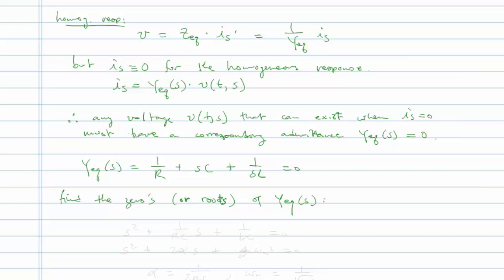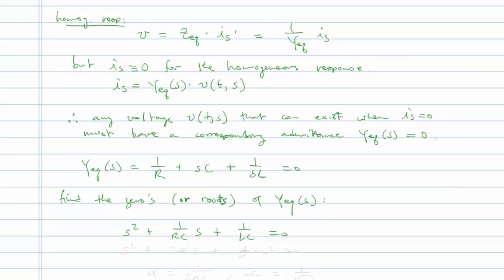All right, so we can massage this and put it into a form that we're familiar with, S squared. So I think what I'm going to do is multiply by S over C. So S over C will get me 1 over RC S plus 1 over LC. This is exactly what we would have arrived at for a characteristic equation had we written the differential equation, say by node analysis, for the parallel RLC circuit.